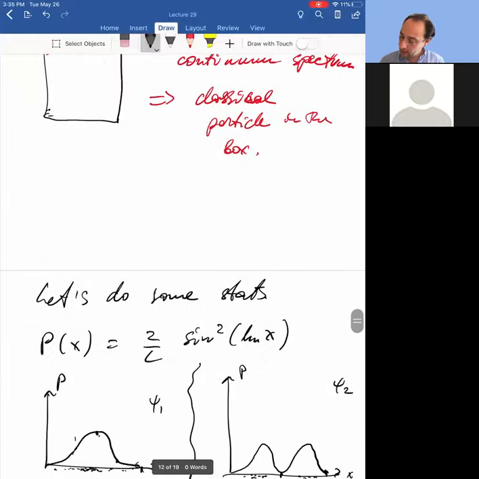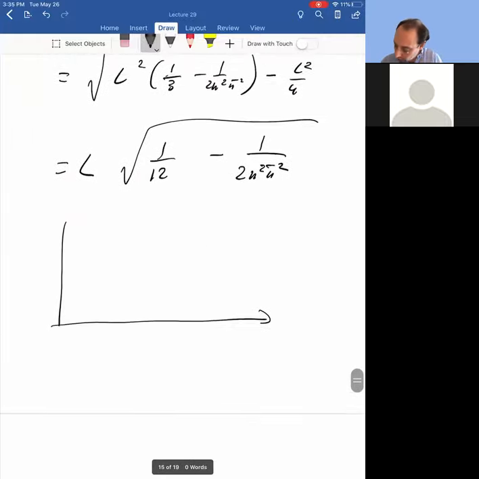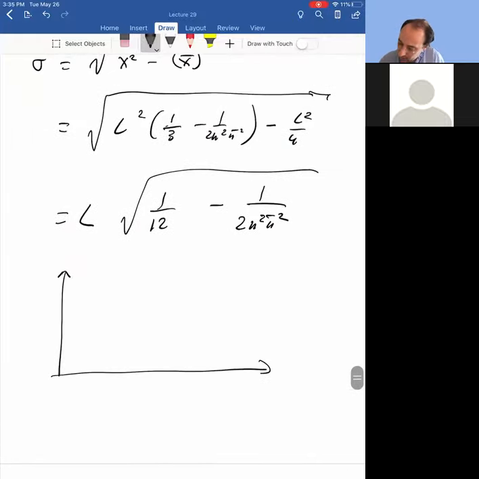So let's see. When I plot this versus n, you should always, when you think about things, plotting is a really good idea. So here is n equals 1, 2, 3, 4. When you plug n equals 1, you're going to get about 0.18. And eventually, when n goes to infinity, how do you guys take limits?